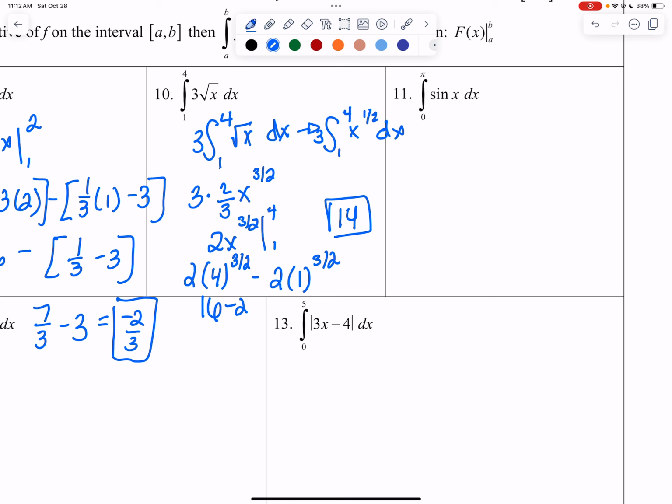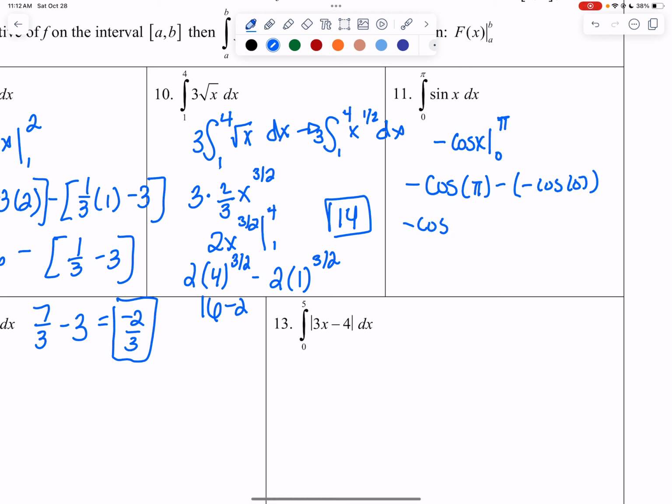Number 11, we have my limits of integration being 0 to pi, and then we have sine x dx. If I were to take the antiderivative there, that's going to be negative cosine x, with my limits being 0 to pi. So now I have negative cosine of pi minus negative cosine of 0.